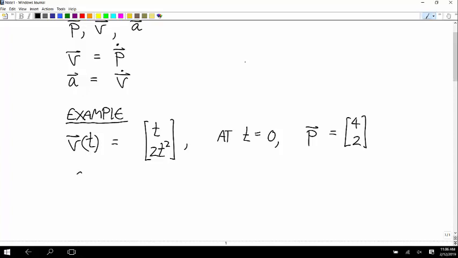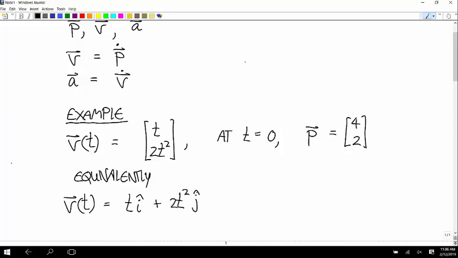Or, another way to write this equivalently, the velocity as a function of time is t times the vector in the direction of the x-axis plus 2t squared times a vector in the direction of the y-axis. And at time equals 0, the position is 4i plus 2j.